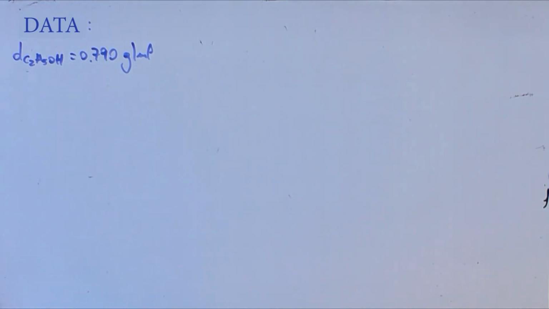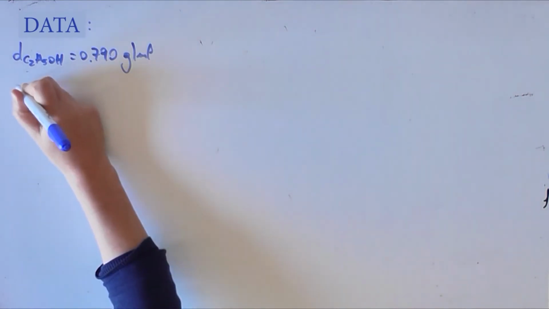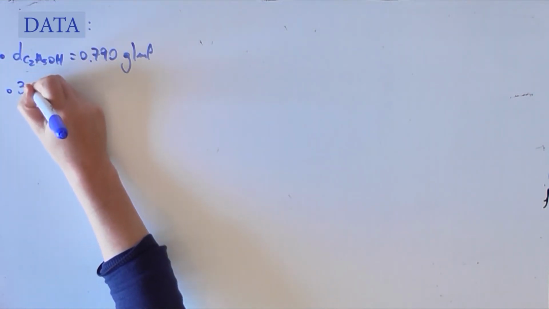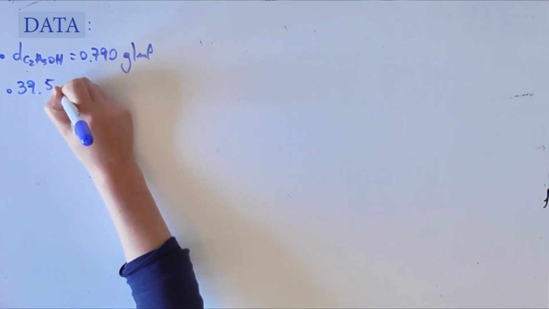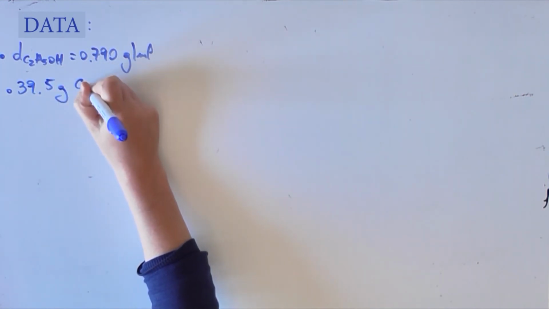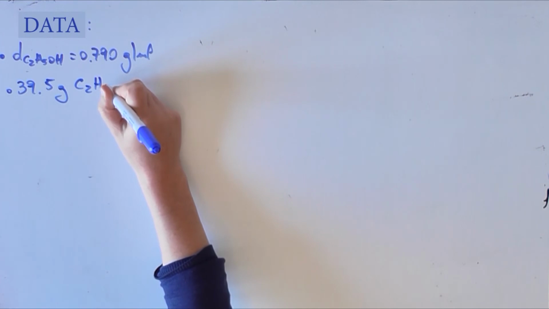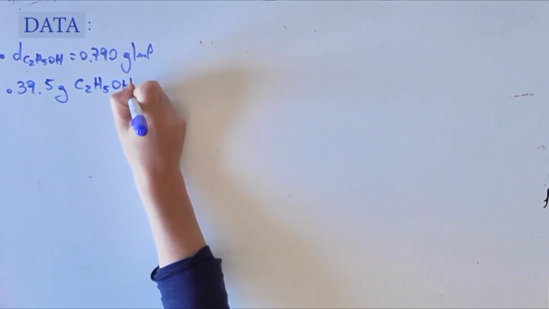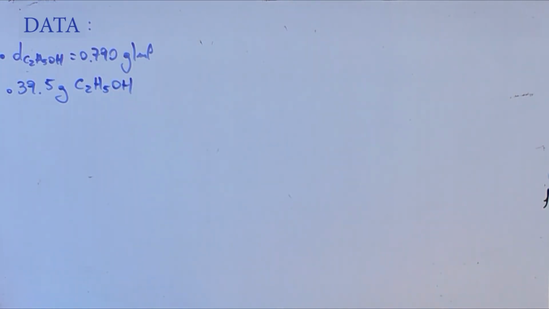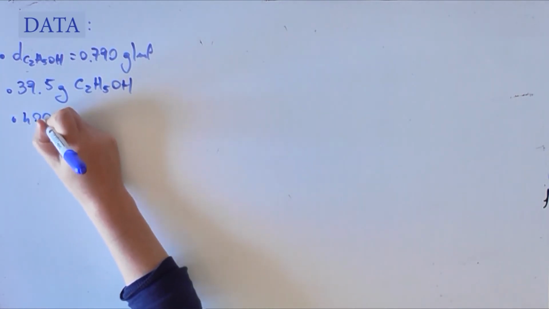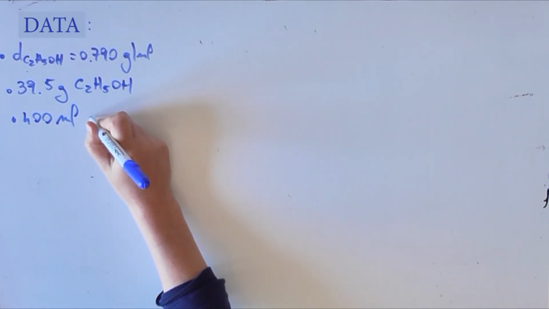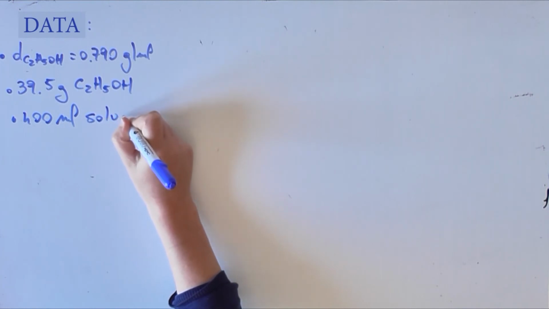So we have the density of pure ethanol. We have a solution of ethanol in water, which is made by 39.5 grams of ethanol in water. The solution is a total of 400 milliliters.